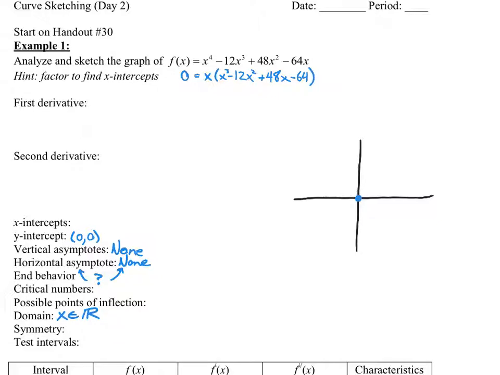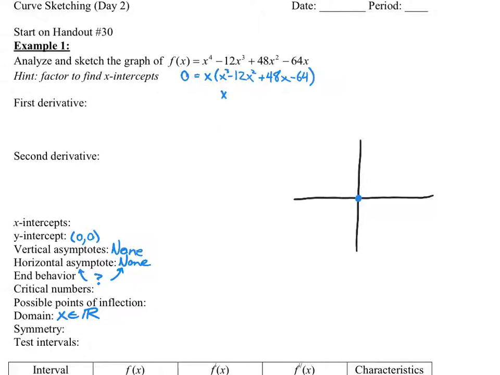And now let's try grouping this here, okay? What do you think? x to the third and 64, because 64 is 4 to the third.